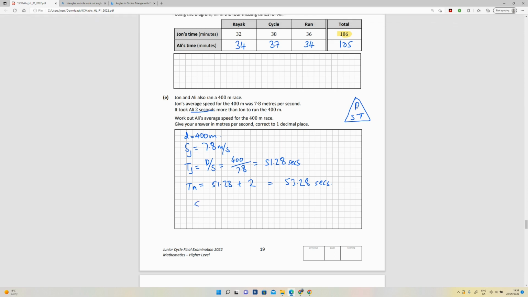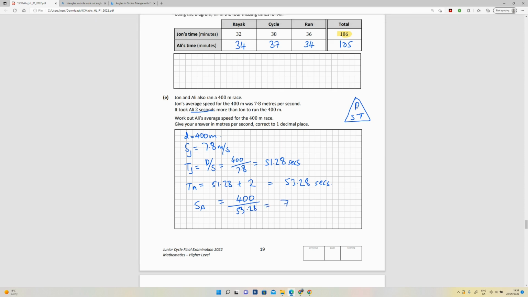So it's asking me to work out Ali's average speed. So the speed for Ali, of course the distance is the same, it's 400 meters. And I'm going to put 53.28 under that to work out the speed for Ali.